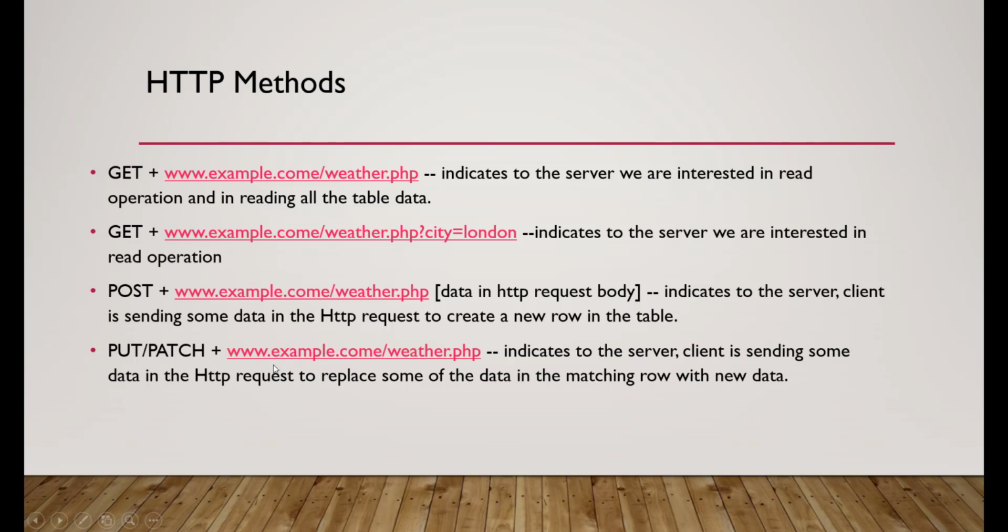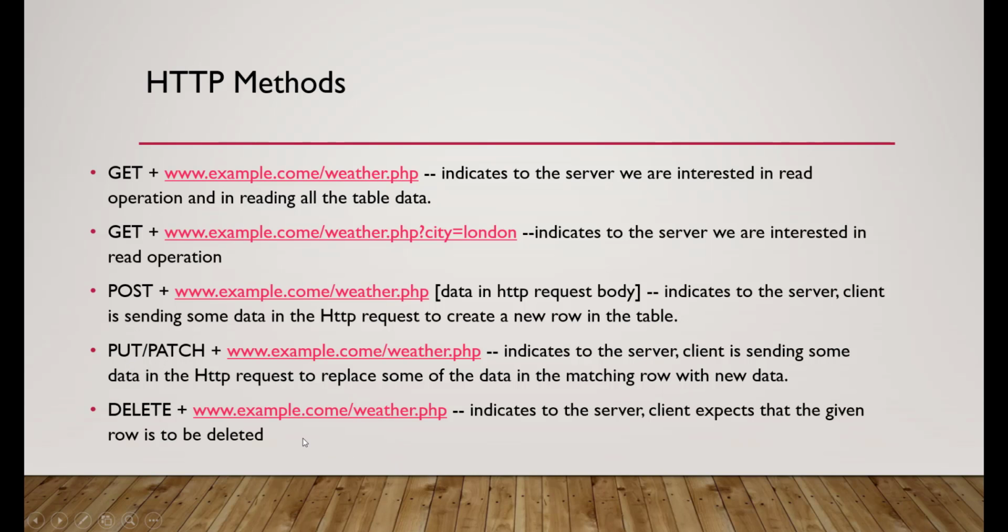Likewise, if client is interested in updating already present resource at the server side in the database table, we will use the same URL, but we will use one of these two HTTP methods, put or patch. Now we use patch when we want to update not all of the data, but let's say some of the columns in our row, while we will use put if we want to completely replace the current resource with a new resource.